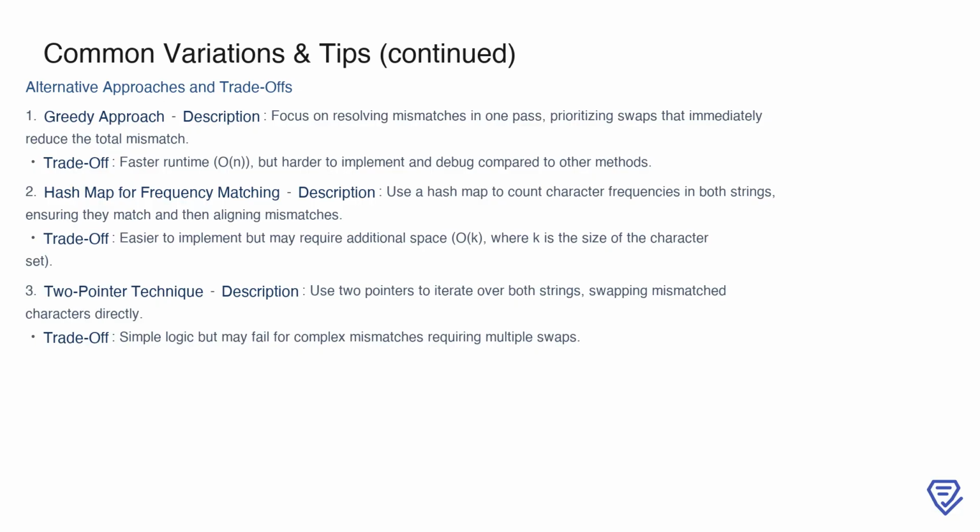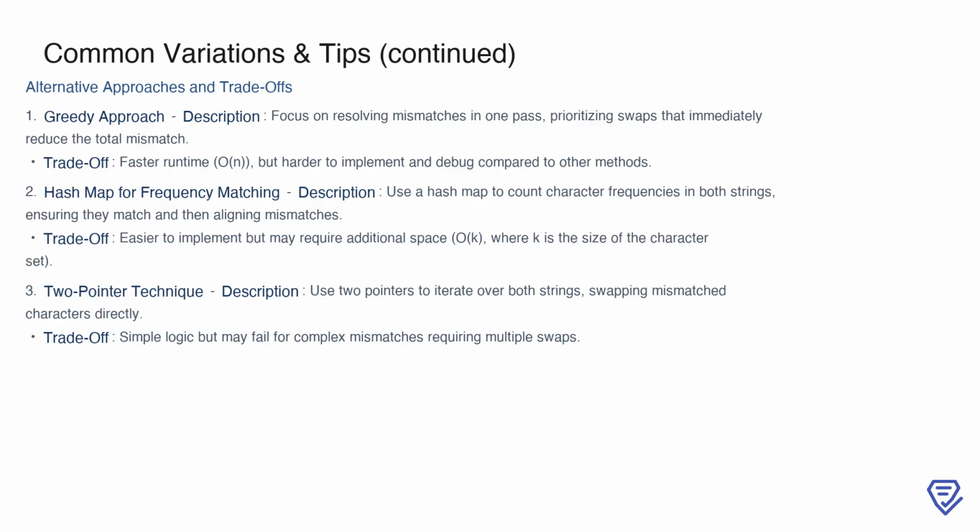A greedy approach focuses on resolving mismatches in one pass, prioritizing swaps that immediately reduce the total mismatch. While this method offers faster runtime, often O(n), it can be harder to implement and debug. Another option is using a hash map to count character frequencies in both strings, ensuring they match before aligning mismatches.